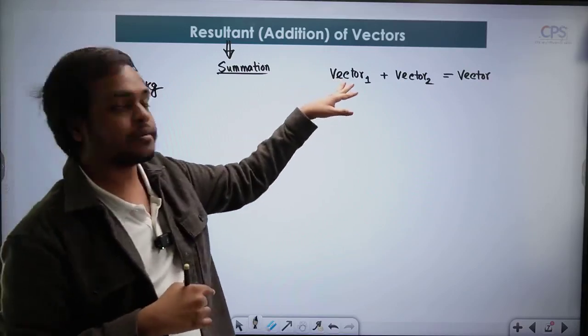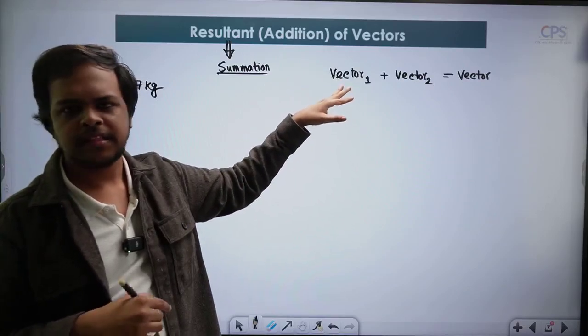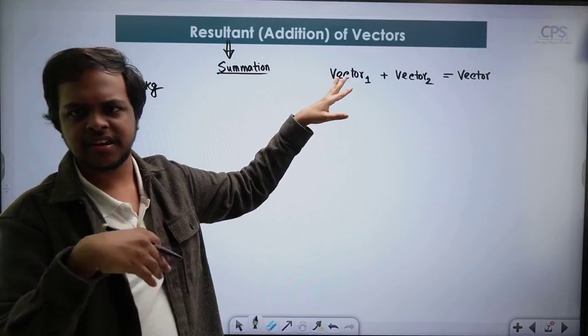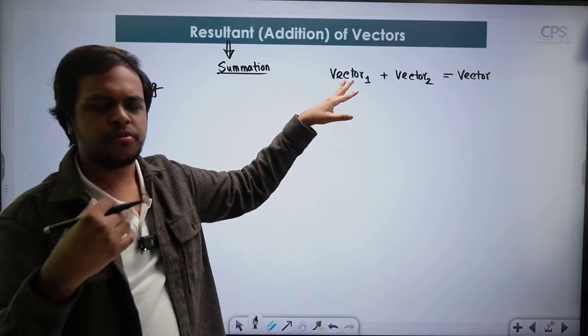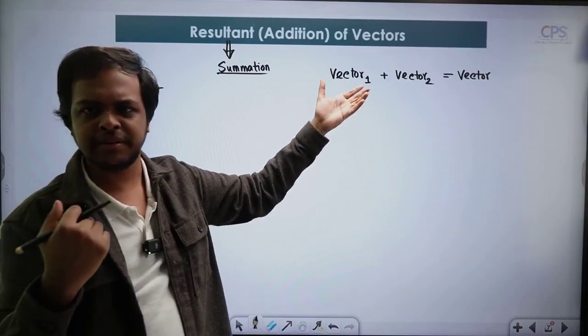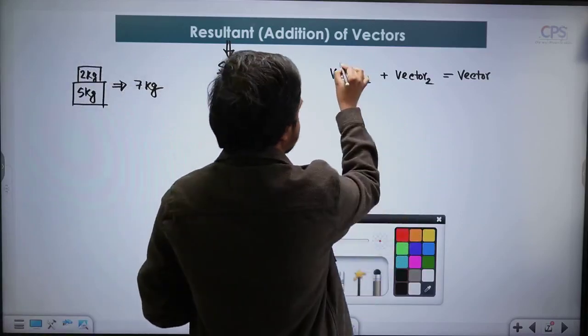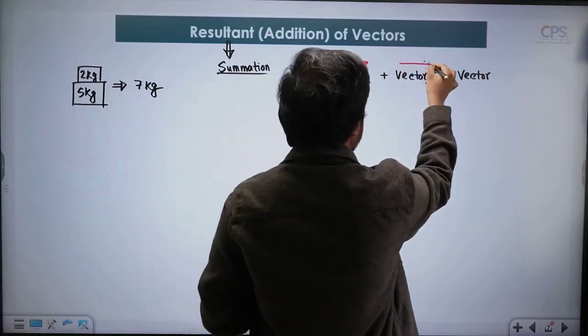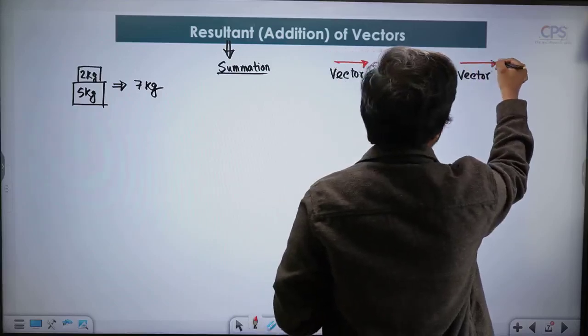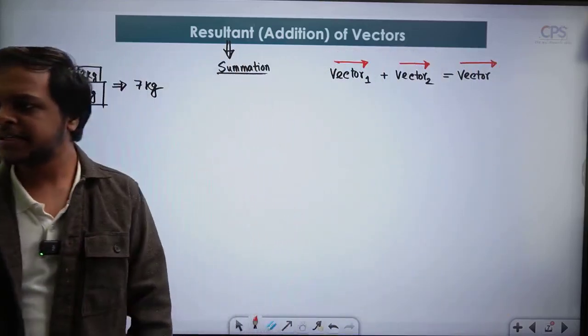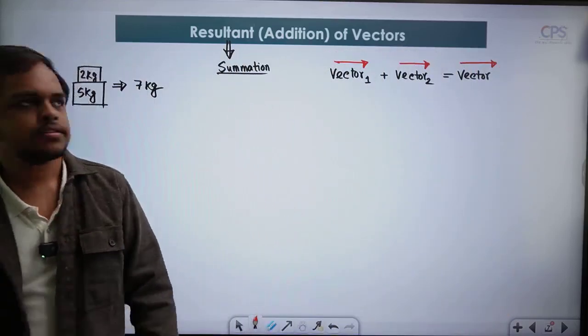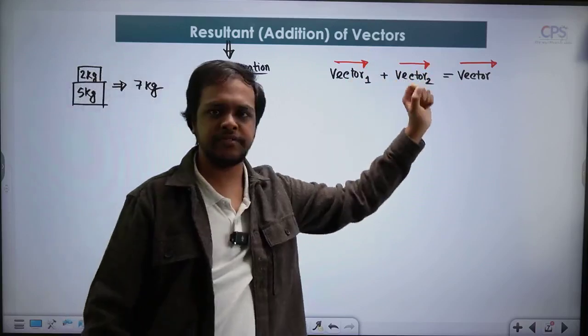Now we must understand the process of it. That's very simple actually, not anything over the moon. This is very simple mathematics. Now for vectors we must give them an arrow over it, to specify that they are vectors. So vector 1 plus vector 2 means another vector.